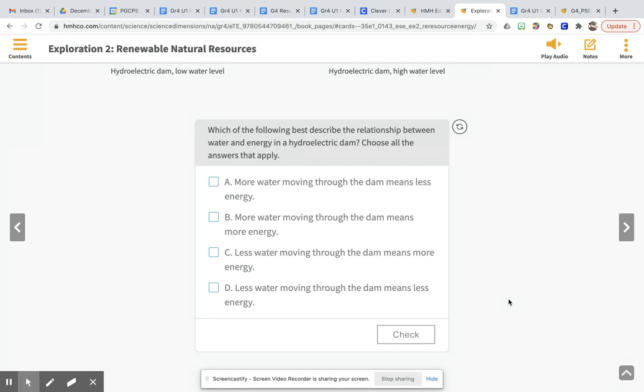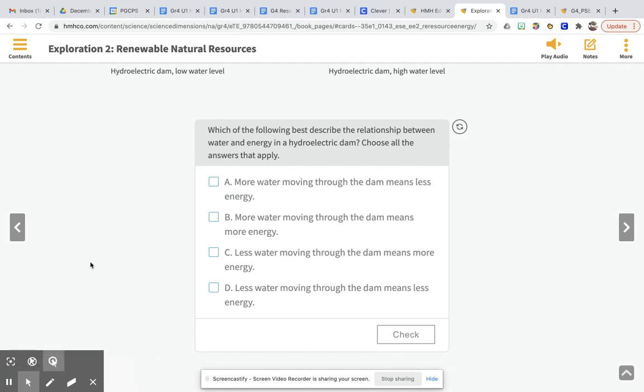We have A, more water moving through the dam means less energy. B, more water moving through the dam means more energy. C, less water moving through the dam means more energy. Or D, less water moving through the dam means less energy. Pause the video and discuss.